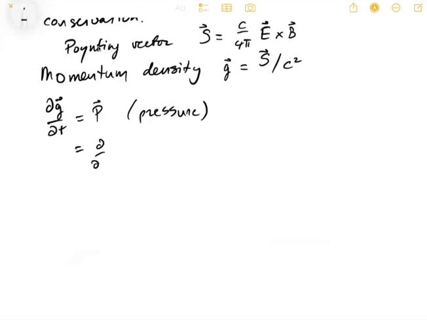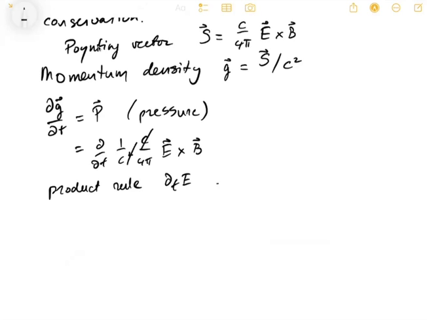It's the d/dt of 1 over c squared times c over 4 pi, E crossed with B. We factor these out and apply the product rule, which will give one a del_t E and a del_t B term.